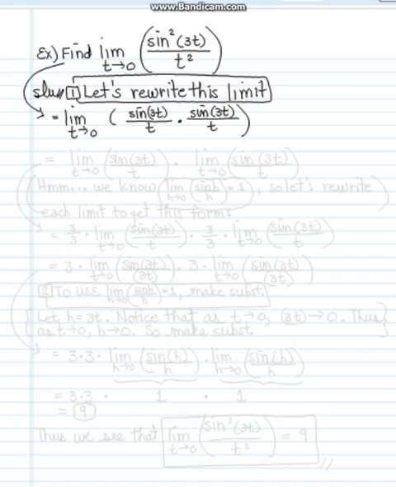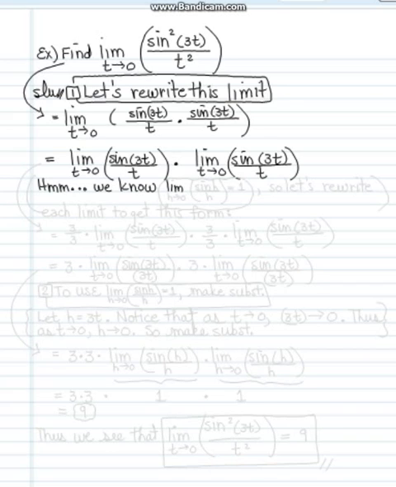And now we'll distribute the limit across multiplication, which is absolutely legitimate. That's equal to the limit of sine 3t over t times the limit of sine 3t over t. Now, this looks familiar from what we saw earlier. We know that the limit as h approaches 0 of sine h over h is equal to 1.